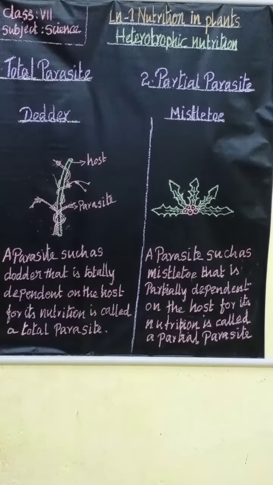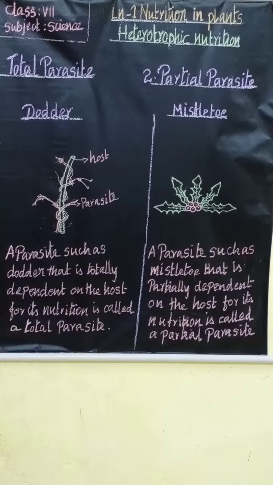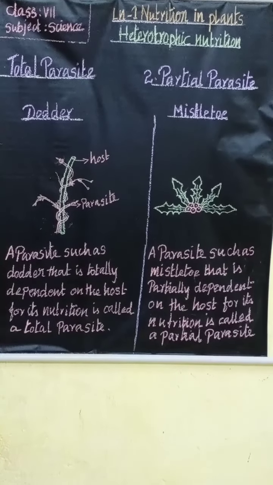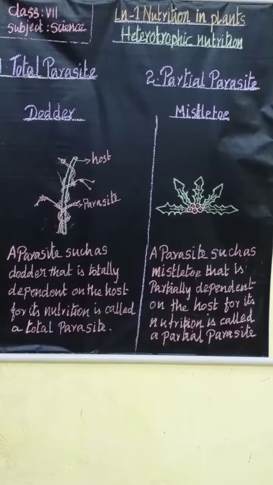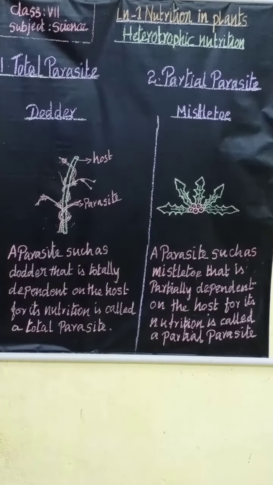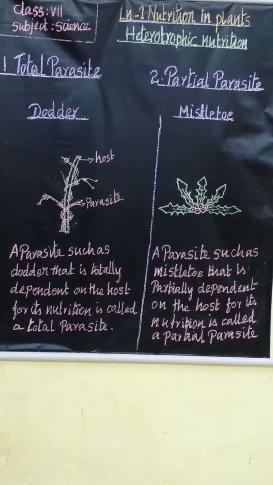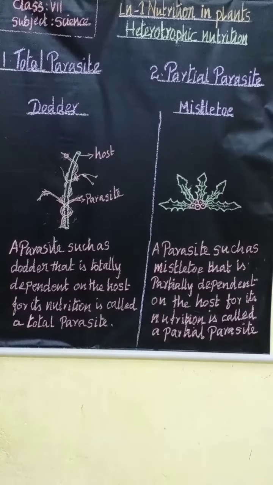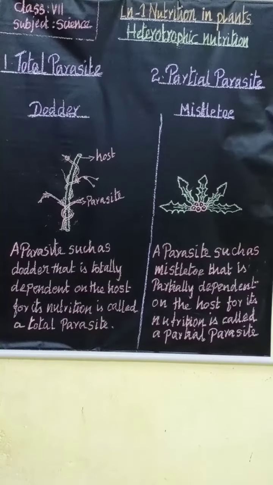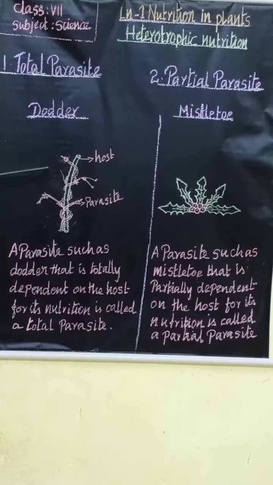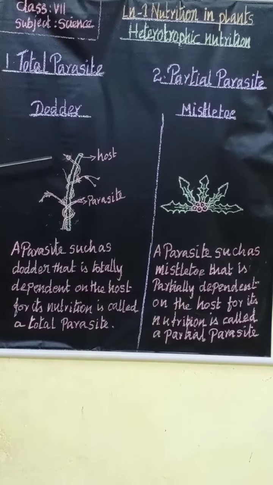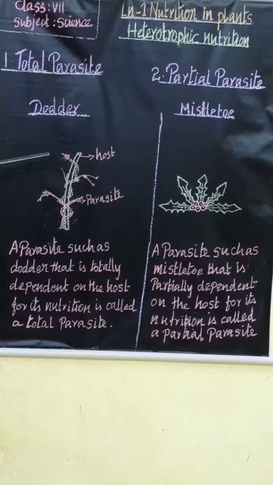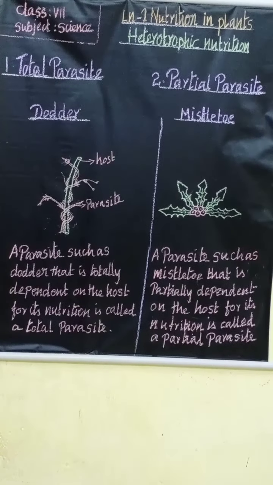What is dodder used for? We said dodder is a selfish plant. Listen, you need to be careful at this point. To get nutrients only, it is selfish, but it is used in many ways for our treatment.